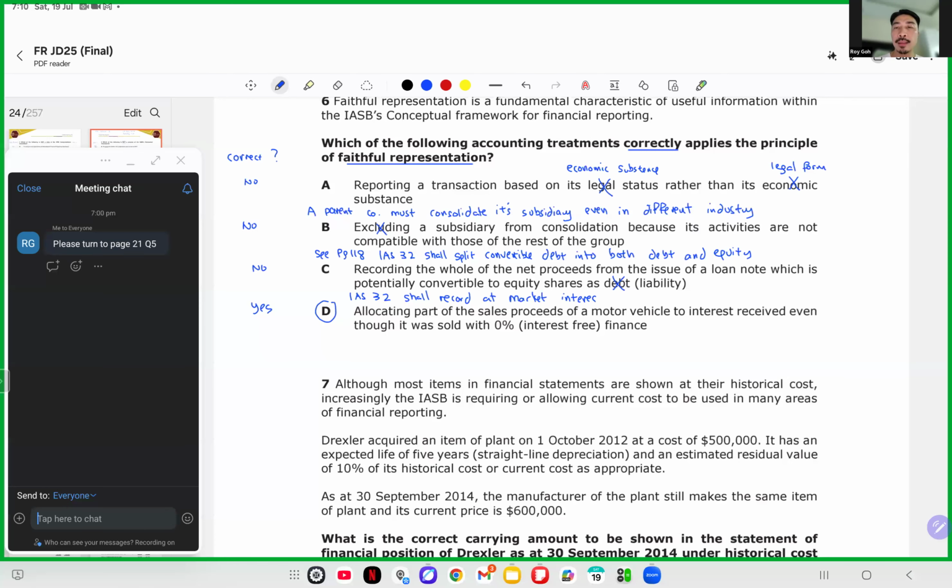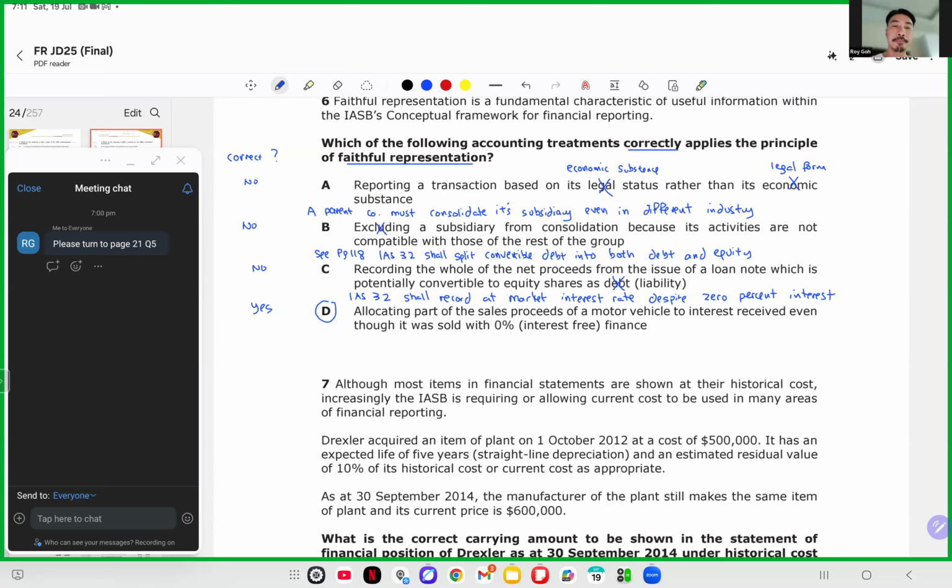You call this mark to market. The market interest rate, despite it being 0% interest. So how much is the nominal interest, which is 0%, or any other percentages? We don't care, because you shall always mark to market.